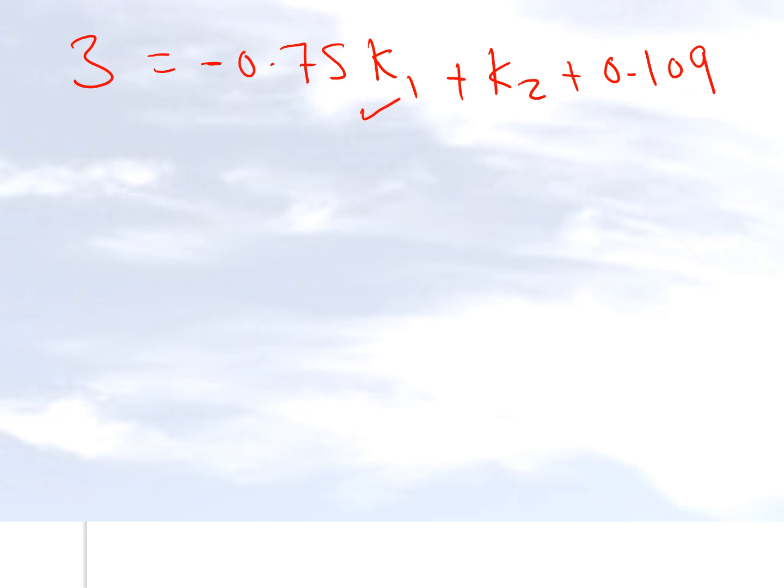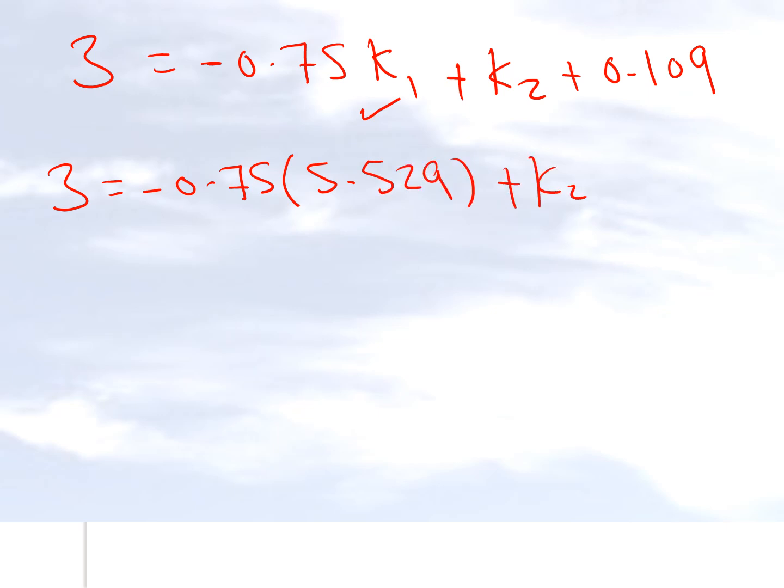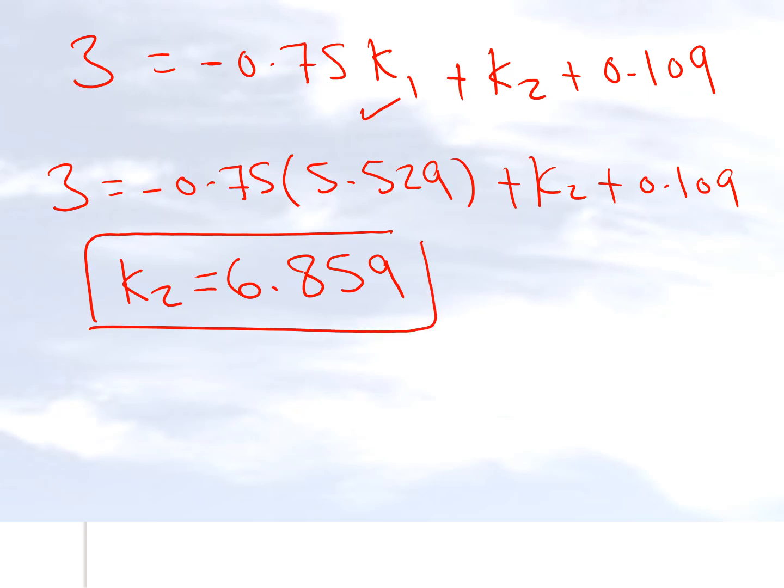We already know k1 from the previous step, so substitute the values that we have for k1. So we get 3 equal to minus 0.75 times 5.529 plus k2 plus 0.109. The only unknown here is k2, and this gives us k2 equals 6.859.